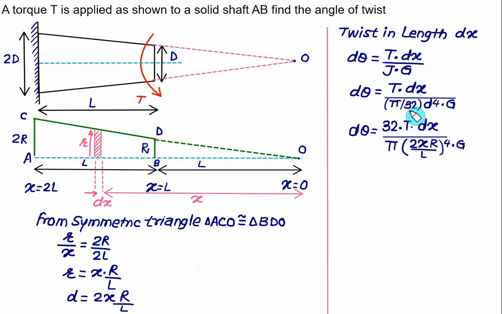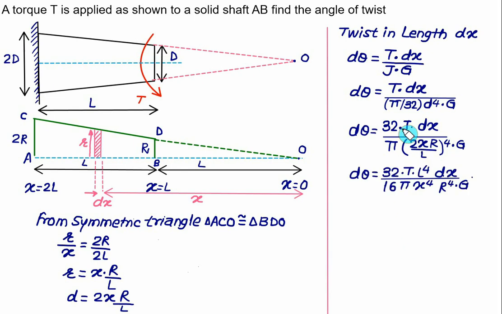So this 32 will come in the numerator. In the numerator we have 32 times T multiplied by dx, pi as it is, and the value of d will be replaced as 2 times x into R by L, the whole to the power 4, multiplied by the modulus of rigidity G.